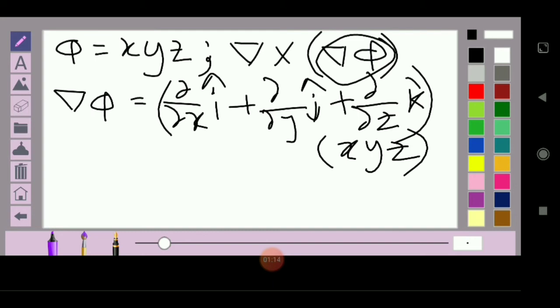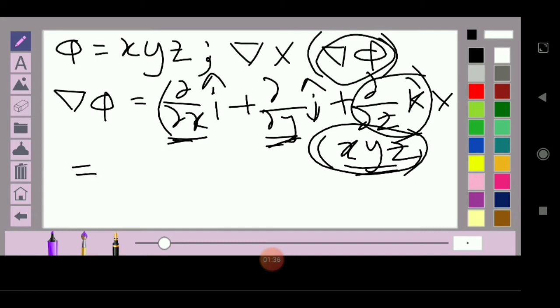So first we will take the partial derivative with respect to x of this function, then again the partial derivative with respect to y of this function, and again with respect to z. Basically simple multiplication should be there. Okay, so now let's do it.